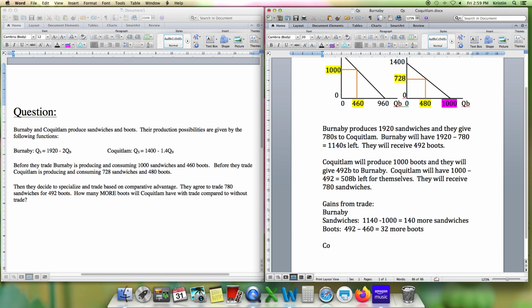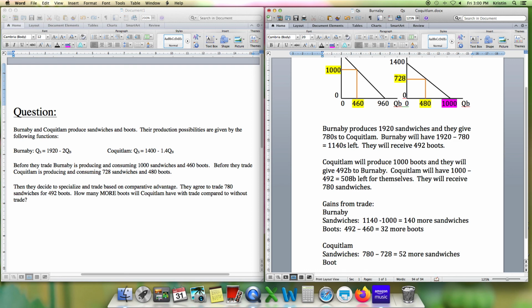Now let's do Coquitlam. Sandwiches. They have 780 now, and they had 728 before. So that is 52 more sandwiches.